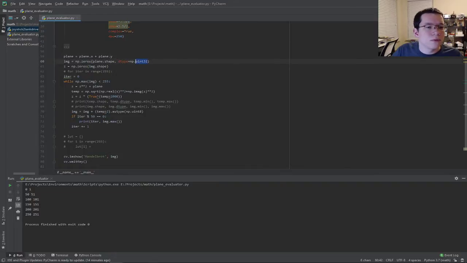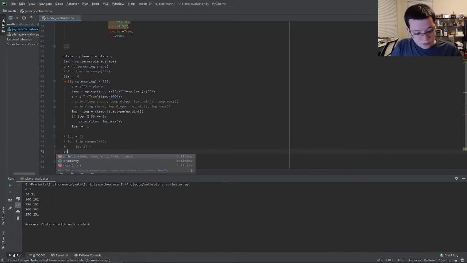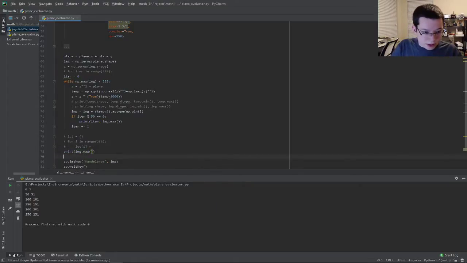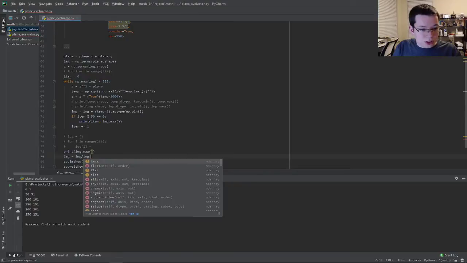Okay, so here's a thing. The reason we're getting some of those weird color things is the number is wrapping past 255. So if I just let this be any number, and then before I show it, print image.max, because I'm curious, but then set image equal to image divided by image.max.